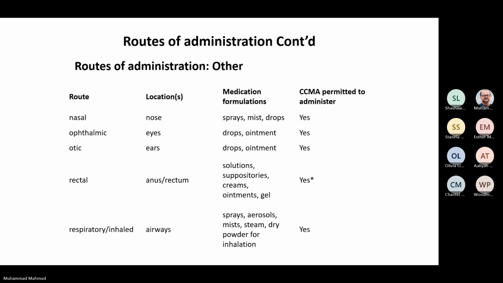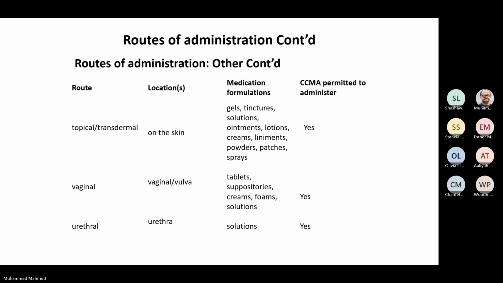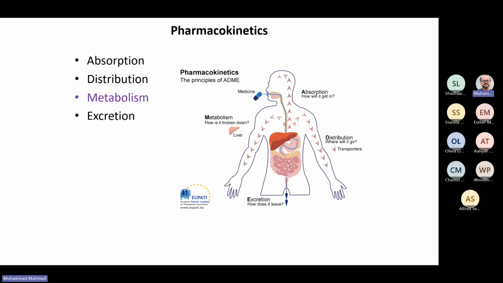Now, we are discussing those different routes of administration. Last few slides are coming up. And three important topics I want to discuss before we finish this pharmacology discussion today. The word pharmacokinetics, what does that mean?